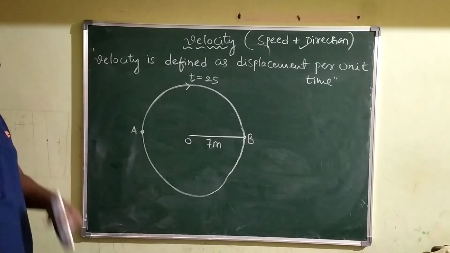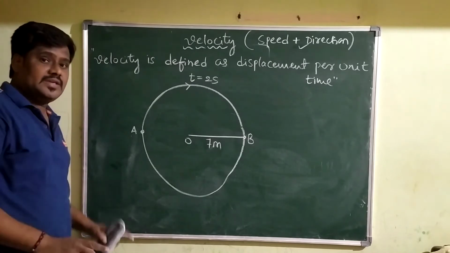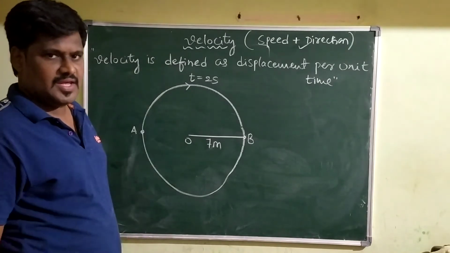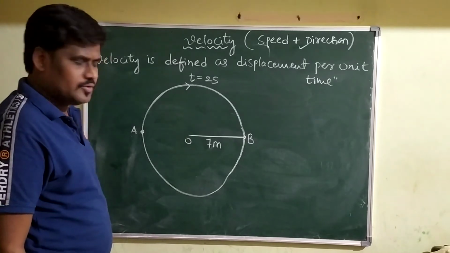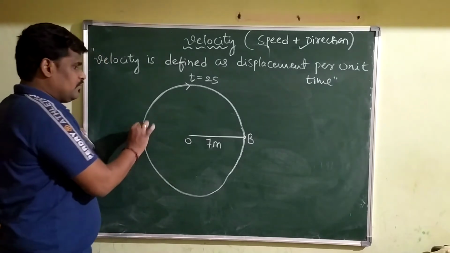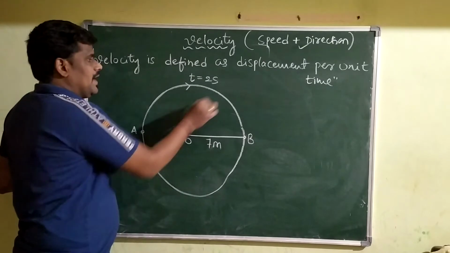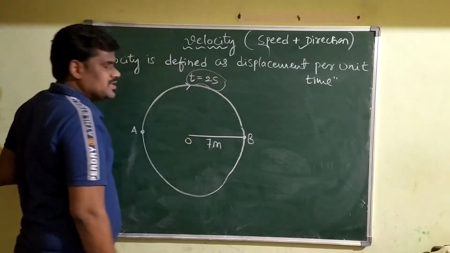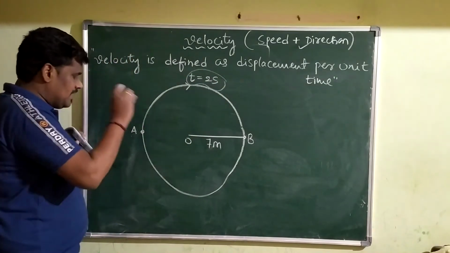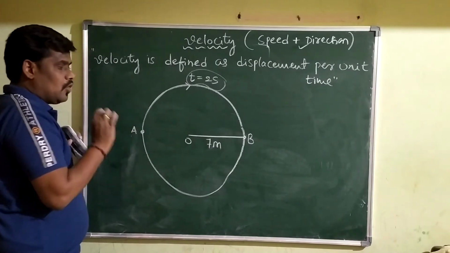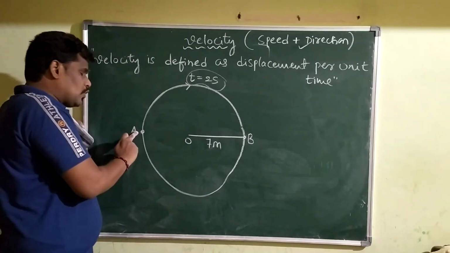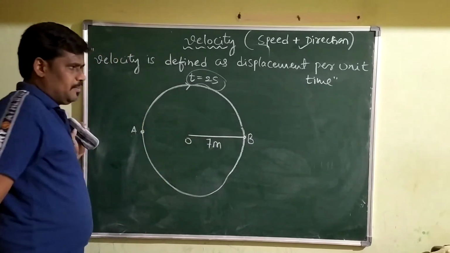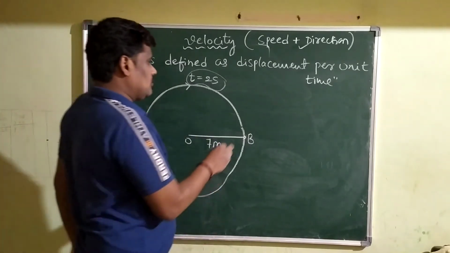They asked you to calculate the average speed of the body. What is the average speed of a body? The body is moving from A to B, and it is taking 2 seconds. They are asking you to find the average speed of the body when it moves from point A to point B. What is the formula to calculate average speed?